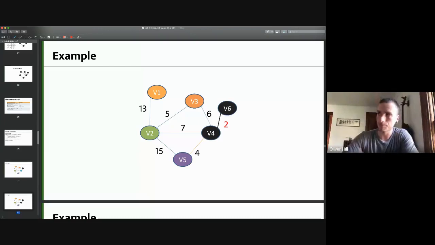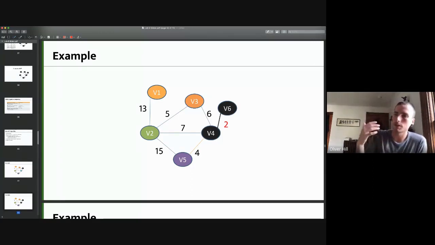So if we're adding edges, where do we start? Right, that's what I'm saying. There's no starting. So you have some table or adjacency list or something that's describing your graph, and you're going to go through and just find the cheapest edge, the edge with the lowest weight.